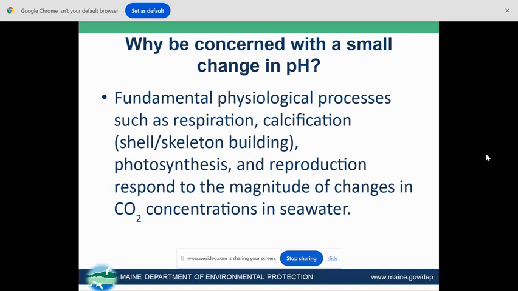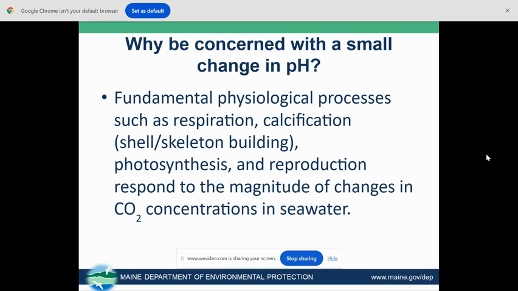Photosynthesis, because carbon dioxide is used as a reactant in photosynthesis. And then reproduction as well. That corresponds to the magnitude of changes in carbon dioxide concentrations in seawater. So you can see all of those things are relevant to life in the oceans.